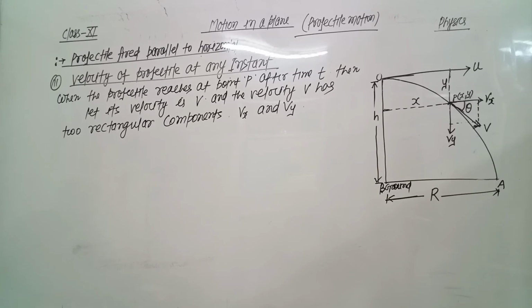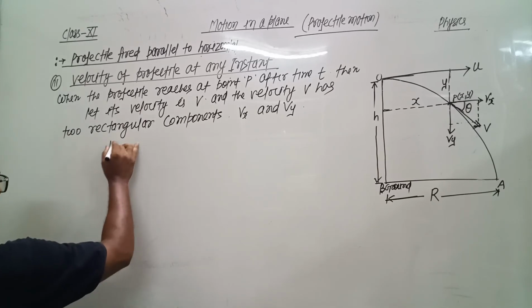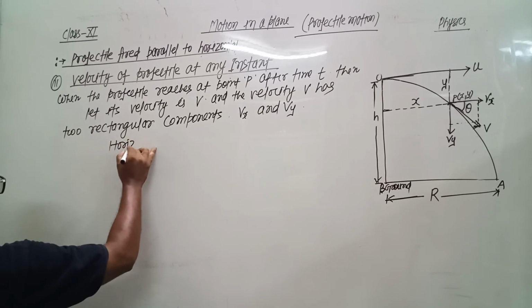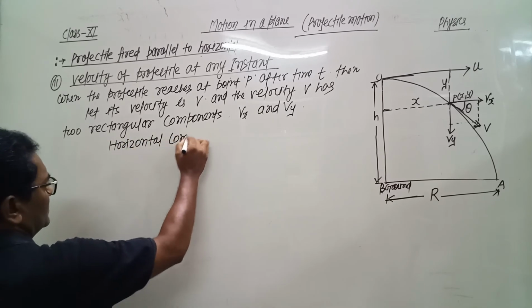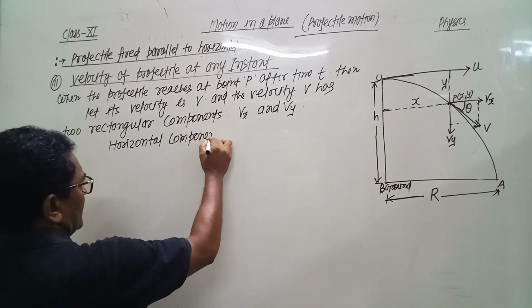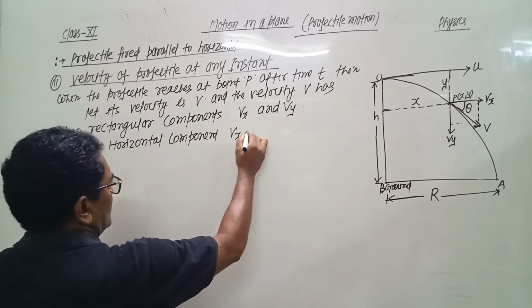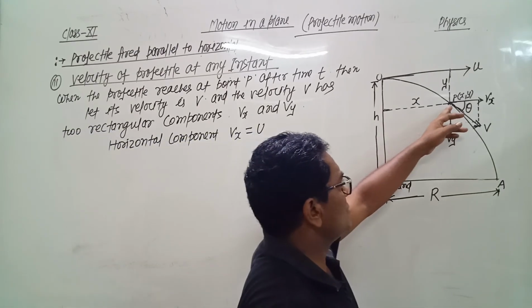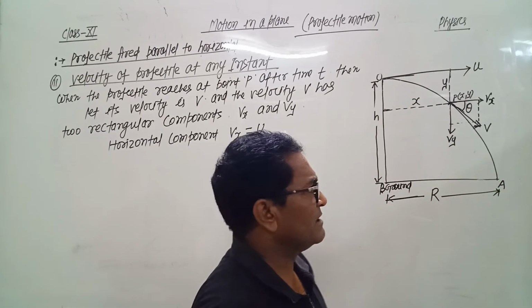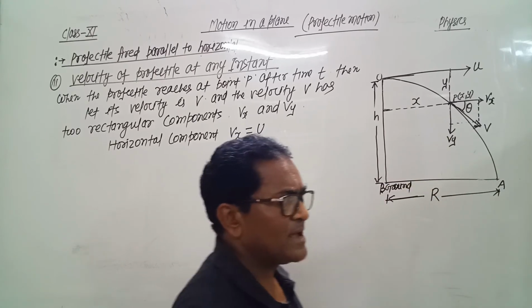The horizontal velocity Vx equals u, because the value of horizontal velocity remains the same at every point.